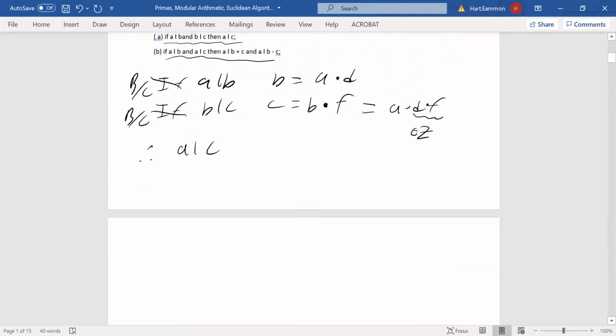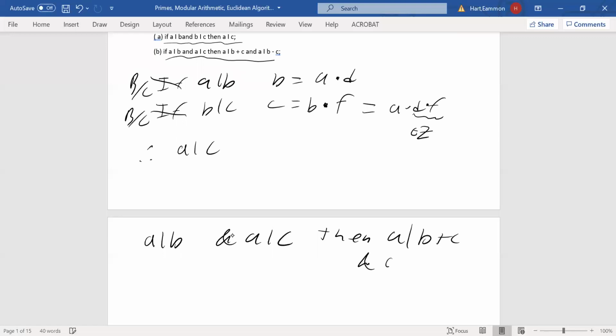The next one is if a divides b and a divides c, then a divides b plus c, and a divides b minus c.